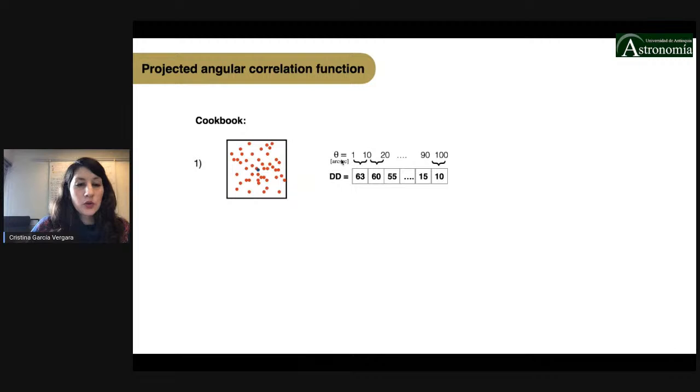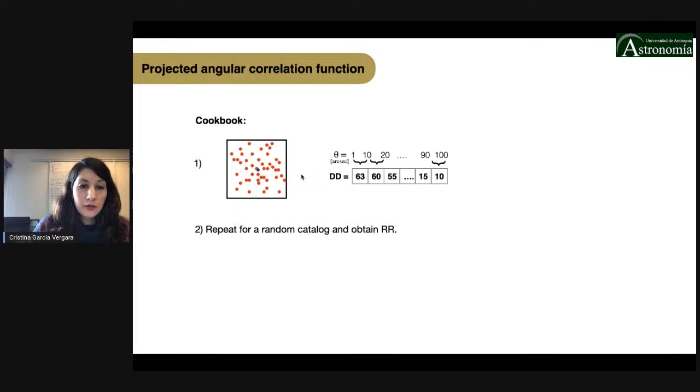In this case, you can only measure angular distances, which is why I call this theta, and it is in arcseconds or in degrees or any other angular unit. And it's exactly the same procedure, but you just count in projected circles. Then you can only compute the angular distances.